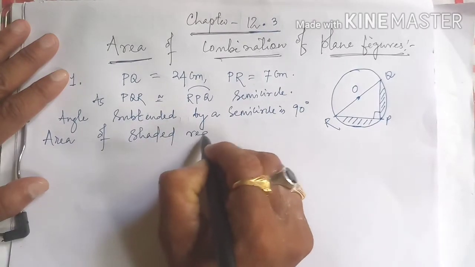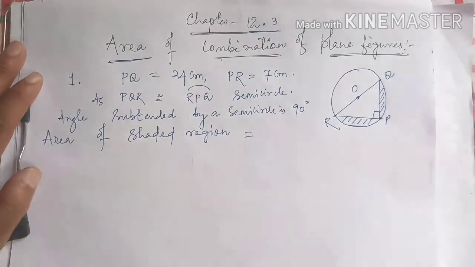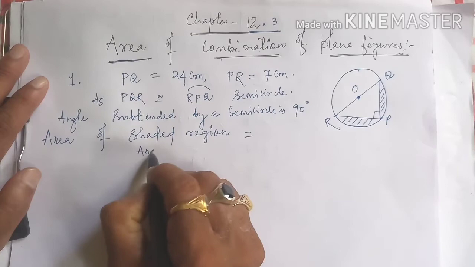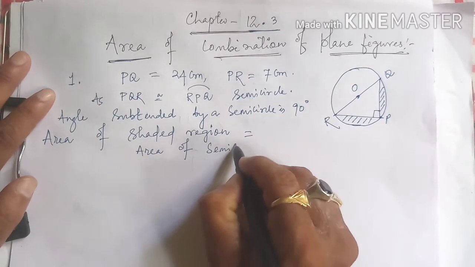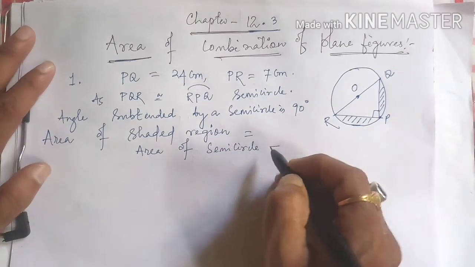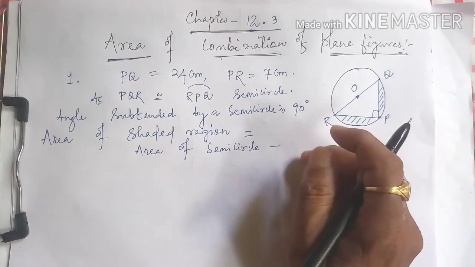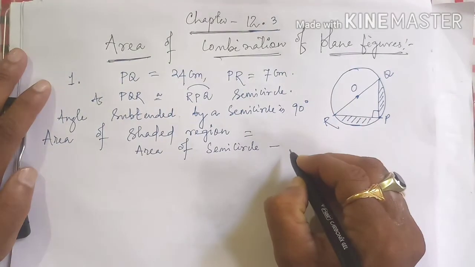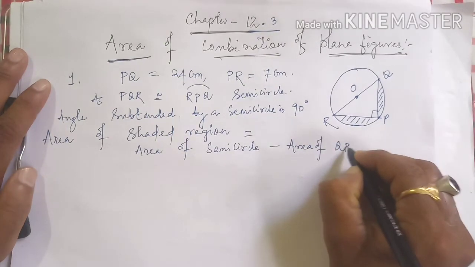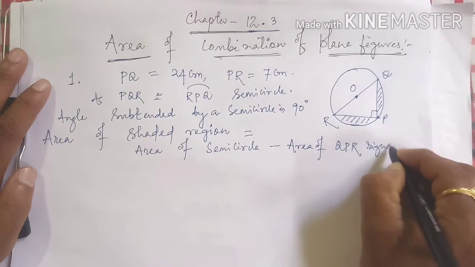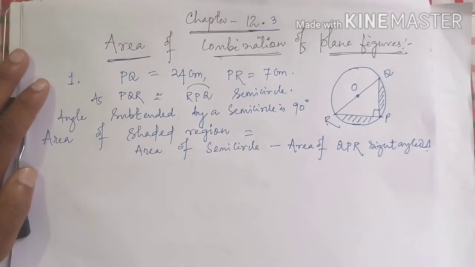Area of shaded region equals area of semicircle minus area of right angled triangle QPR.